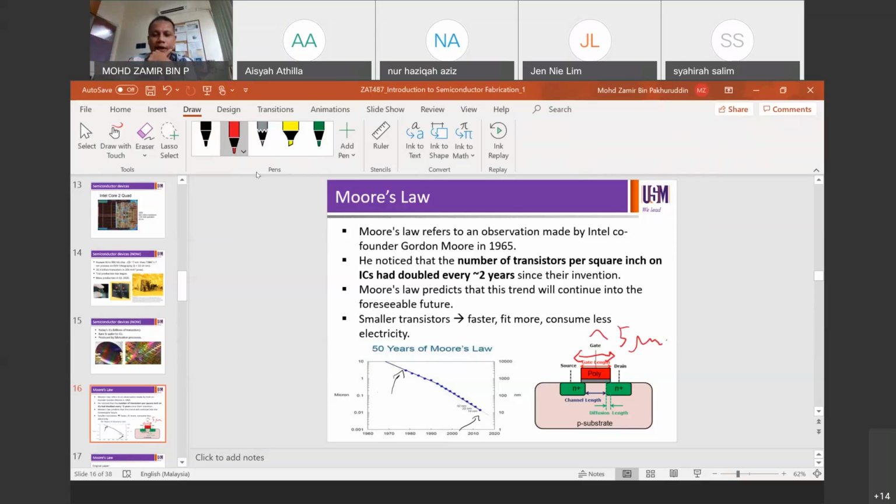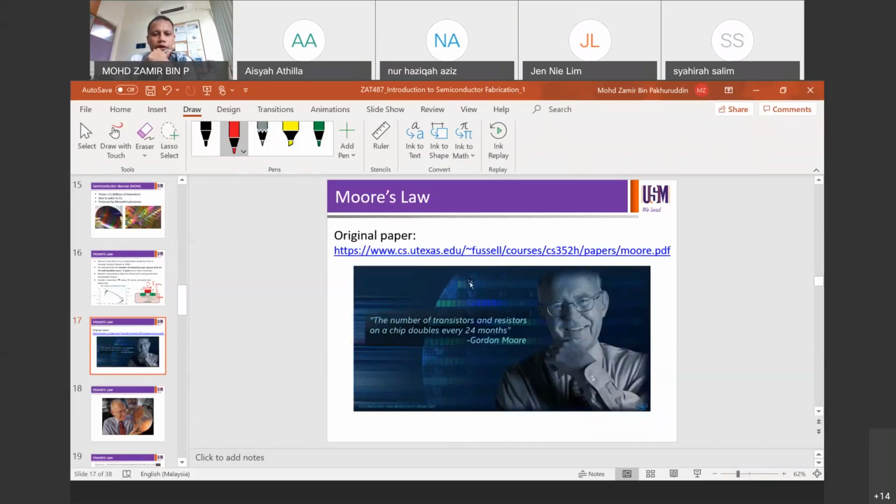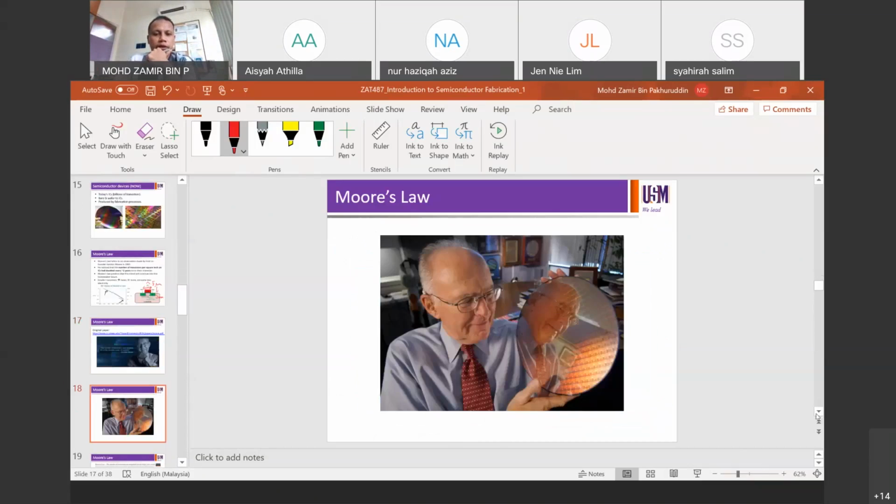Now we have gone down to 5 nanometer as of 2020. In fact, we are going closer to 3 nanometer, by TSMC. So there's the gate length. You can see the original paper later on, the link is there already.